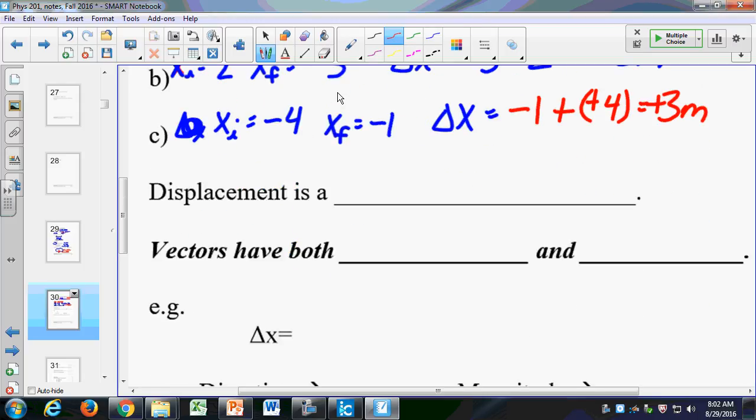The reason we have these signs is because displacement is a vector quantity, and vectors have both a magnitude and direction.